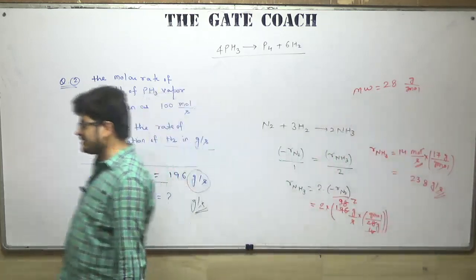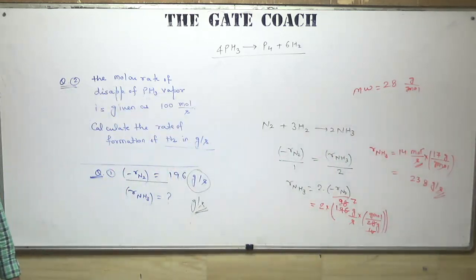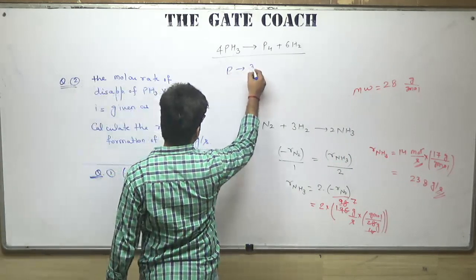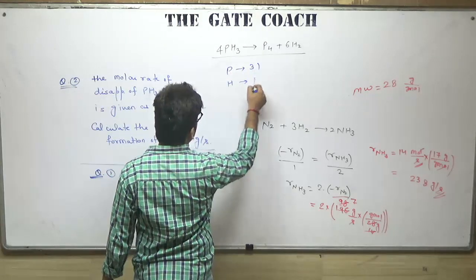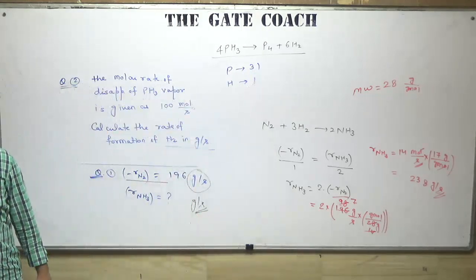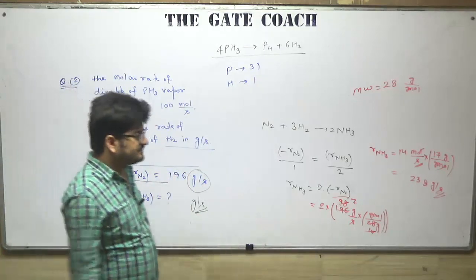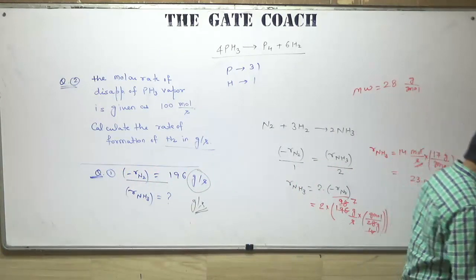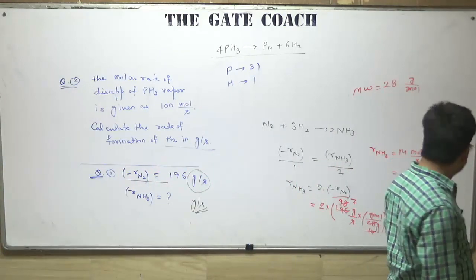Yes or no? P is 31, for H it is 1. What is 300 gram per second? Answer.